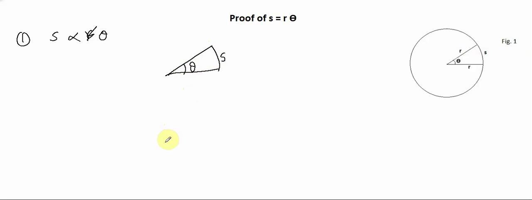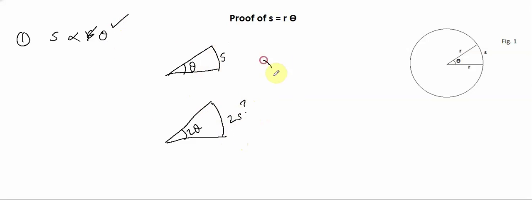and then we will double the angle and see if the arc length doubles as well. If it does, then we can conclude that S is directly proportional to theta.